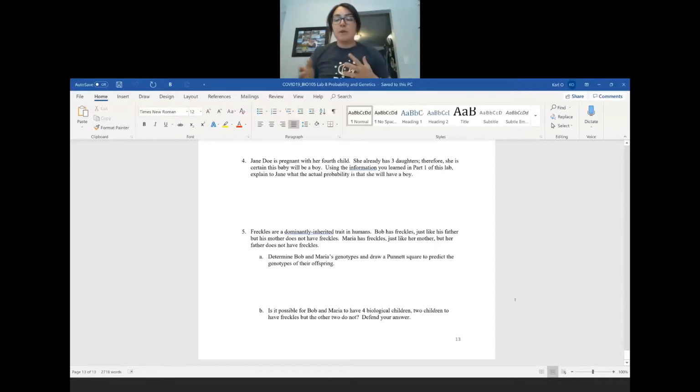It is possible. Every time we are mixing these alleles together from Bob and Maria, we're getting that Punnett square. Each time they have a child, there's a 25% chance that the child won't have freckles, and a 75% chance that they will have freckles.